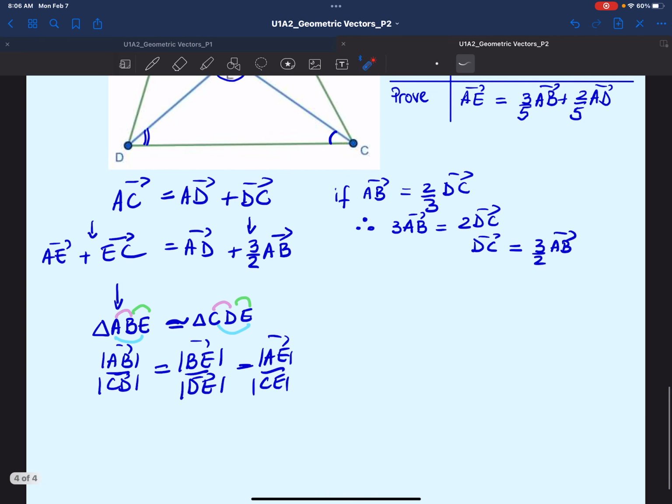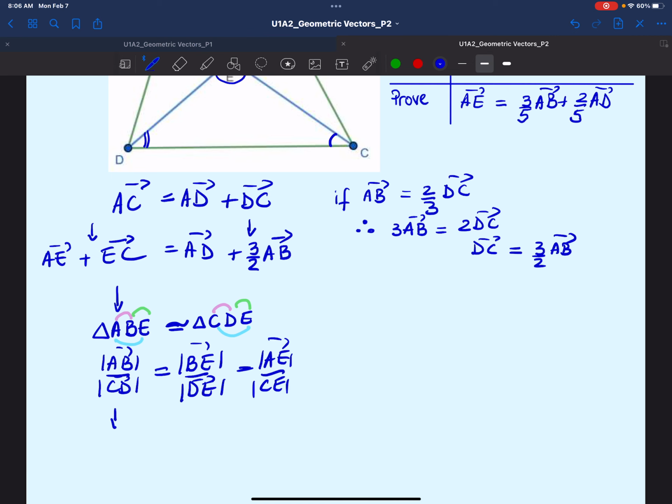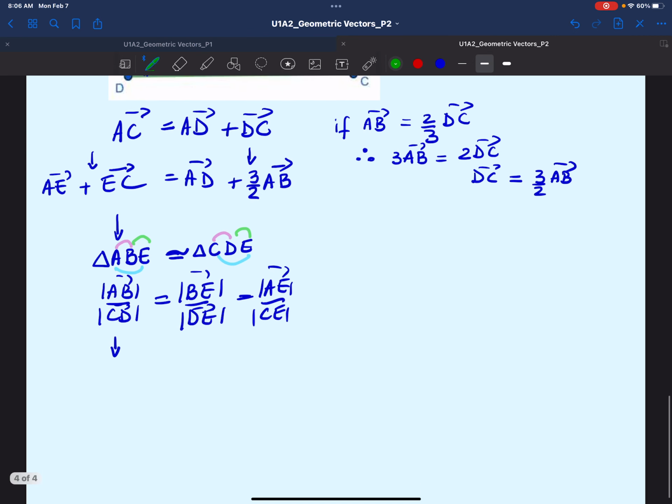then we can derive the magnitude, so I'm going to write down the explanation. Since AB equals 2/3 of DC, then we can say that the magnitude of AB over the magnitude of DC must equal 2/3.